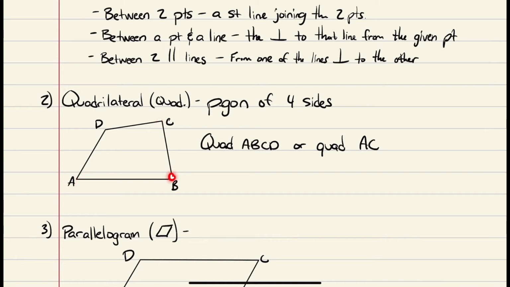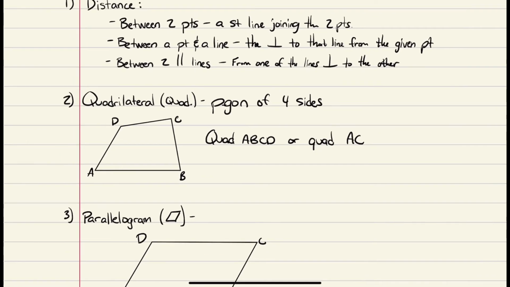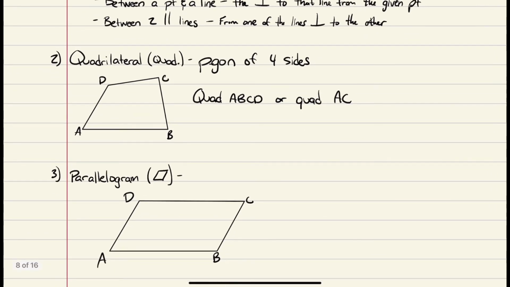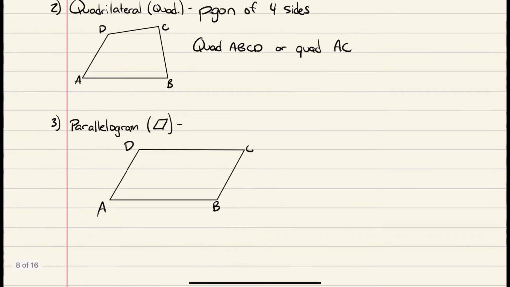You could say AC, you could also say quad BD, DB, however you'd like to say it. Usually we want to go in alphabetical order, but I'm not one of those people who will martyr someone if they accidentally say quad CA. I know some people are pretty big sticklers on that. So that's a quadrilateral, just any kind of polygon that has 4 sides.